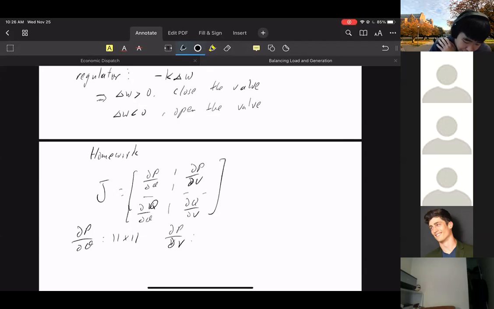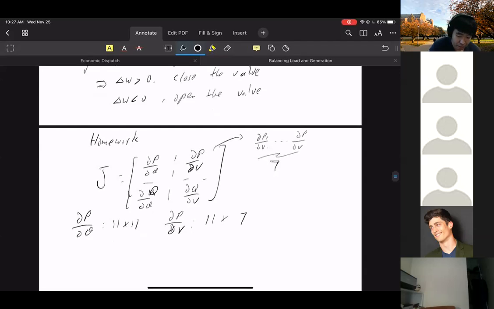So we have 11 active powers, and to write this out a little more, the first row is dP1, dV4, and so on. There are 7 of these voltages. So there are 11 active powers and 7 voltage variables, which makes this block 11 by 7.